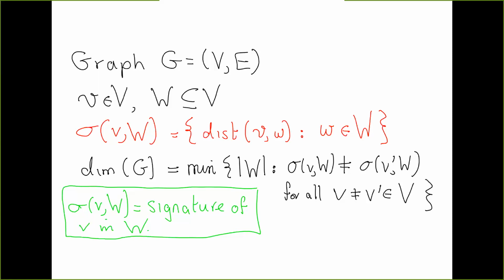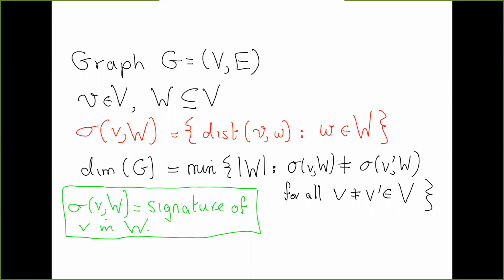The signature of V and W is this collection of distances between the vertex V and each W in capital W. And so the game is to try and use this signature to identify where V is. So you're given a big set W, you're given the signature. Can you use that to determine where V actually is?